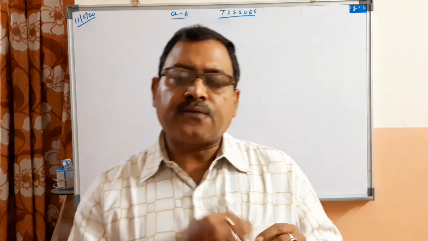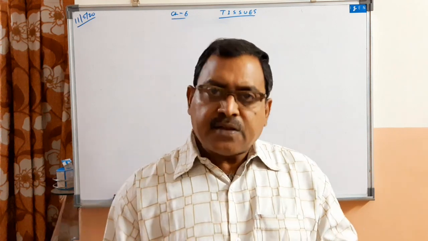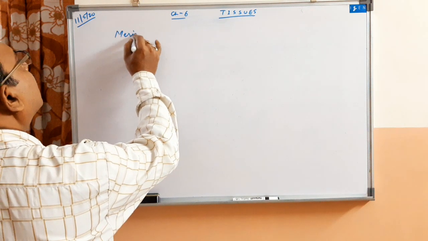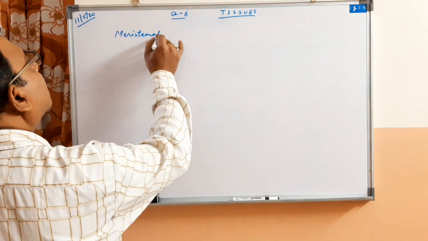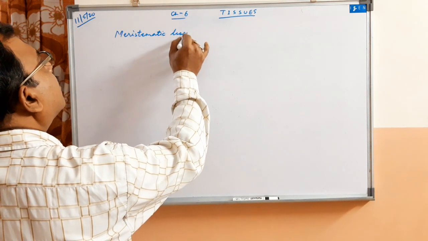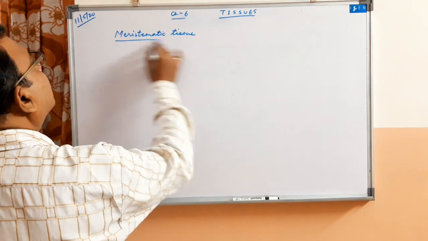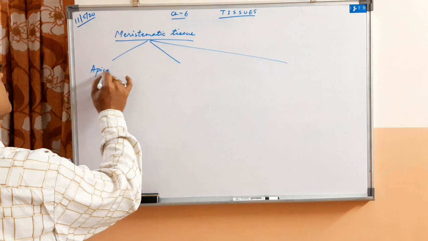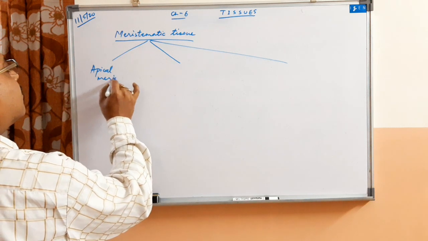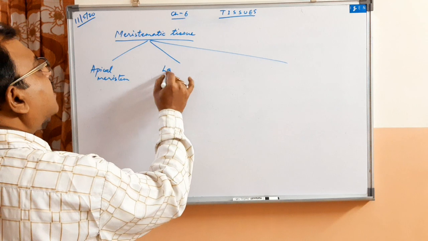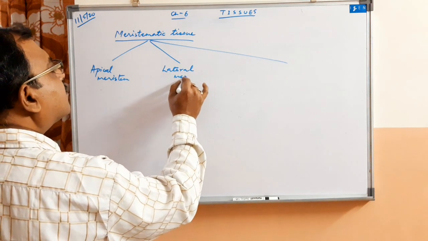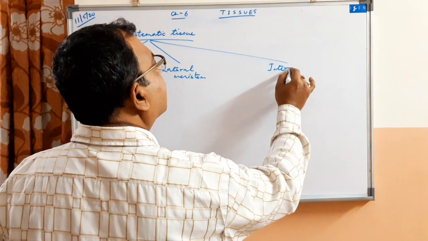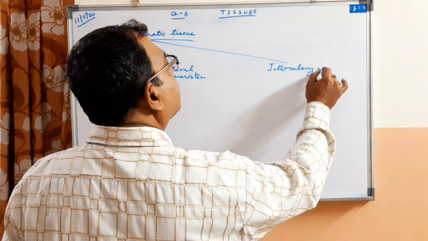Now, on the basis of position, meristematic tissue is of three types. First is apical meristem. Second is lateral meristem. And third is intercalary meristem.